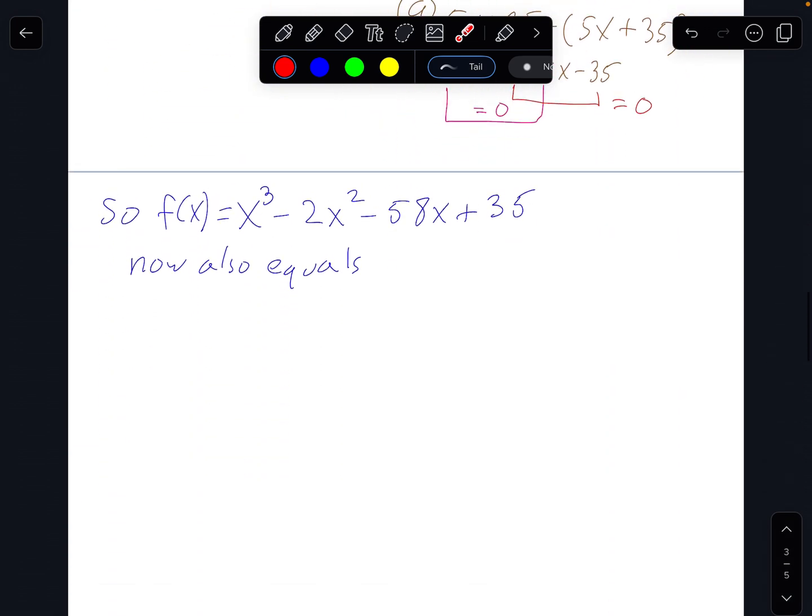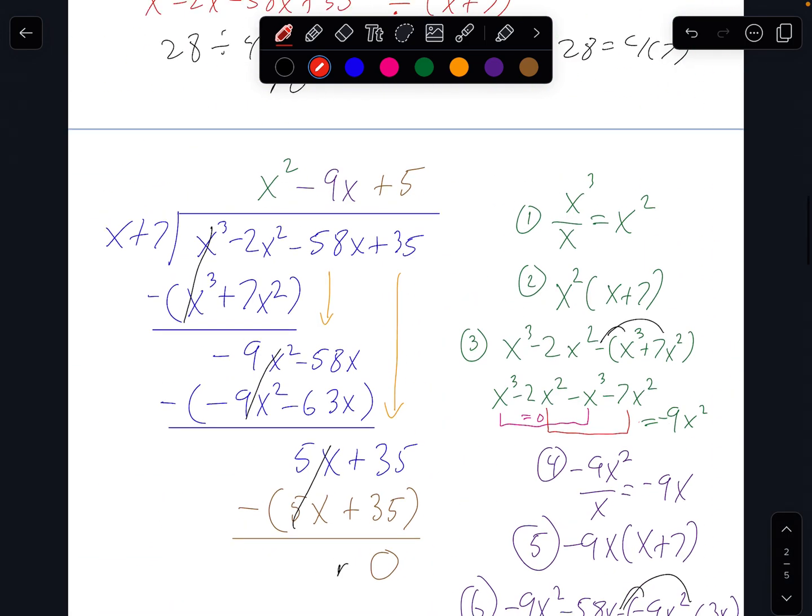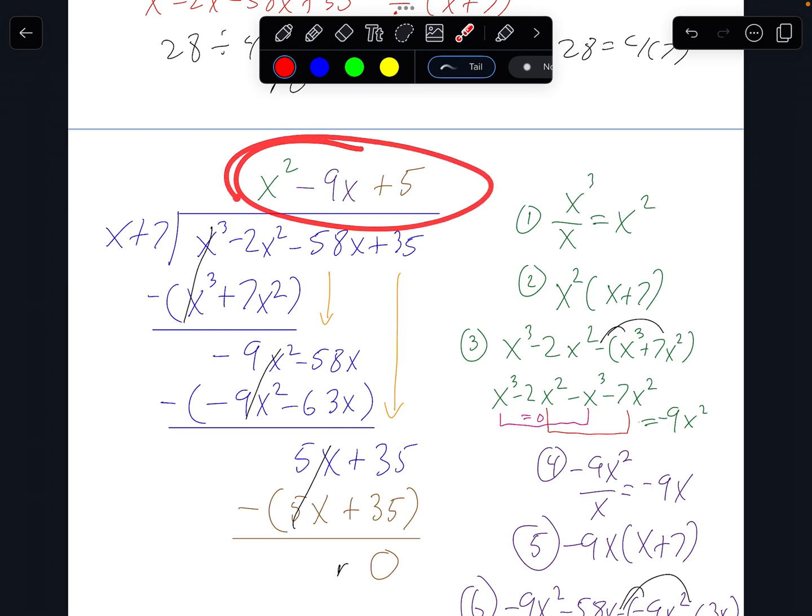That means that our original f of x polynomial, x to the third minus 2x squared minus 58x plus 35, now also equals, can be rewritten as x plus 7 times x squared minus 9x plus 5, which is the quotient that we got up here.